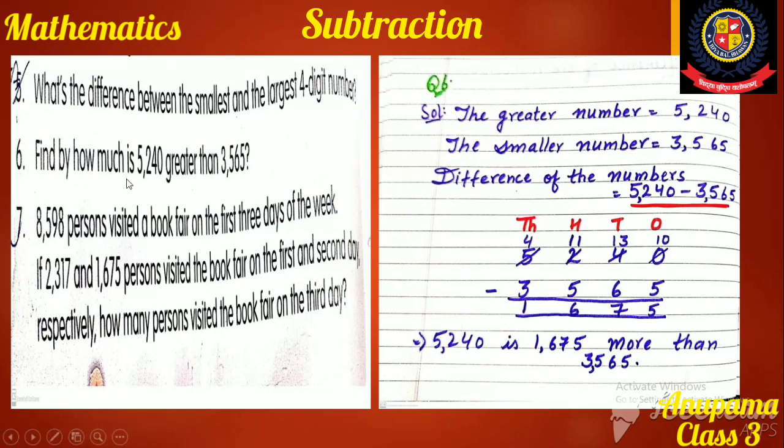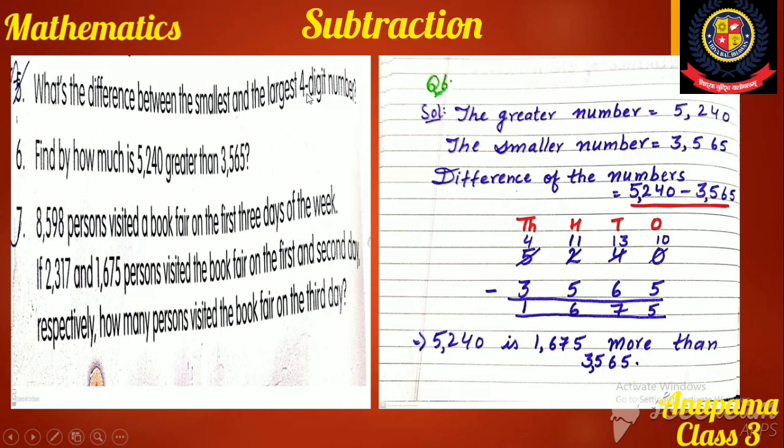Now question 6. Find by how much 5240 is greater than 3565. So we are doing question 6 right now. Here write down question 6. Okay, and solution. So firstly what we will do, we will write down the greater number, that is 5240. So write down the greater number equal to 5240.